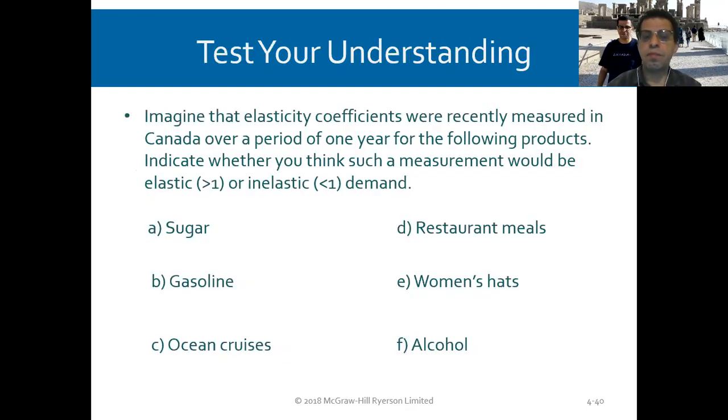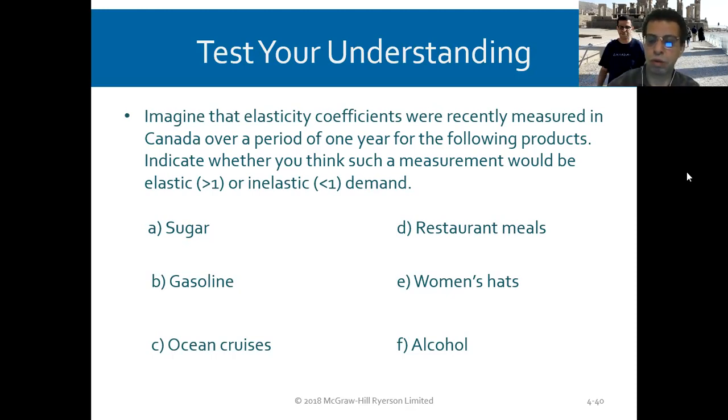So imagine that elasticity coefficients were recently measured, through econometrics, in Canada over a period of one year for the following products. Indicate whether you think such a measurement would be elastic or inelastic demand. Over time they calculated the average reaction of the people, and that's what you call elastic or inelastic.